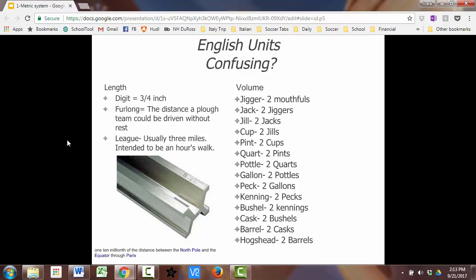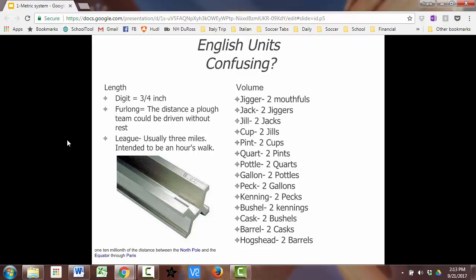So, just to put this in perspective, these are some examples of English customary units. They're all real units. Most of them originated several hundred years ago. Many of them originated in trade, agriculture, commerce, and they don't really have any meaning anymore.